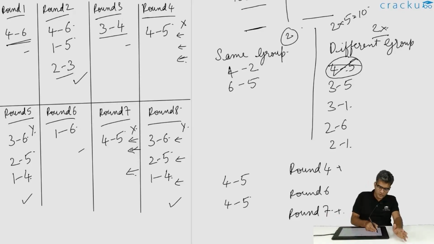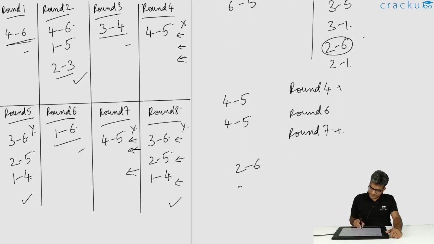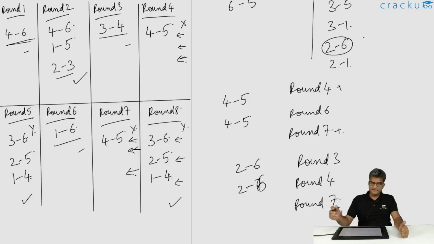In the same case, if you're looking at team 6, the reason I'm looking at team 6 is because we know who team 6 played in round 1. We know who team 6 played in round 6. So if you're looking at the matchup of 2 versus 6, 2 versus 6 has to be played 2 times. And that has to happen either in round 3 or round 4 or round 7, because we know who team 6 played in all the remaining rounds.